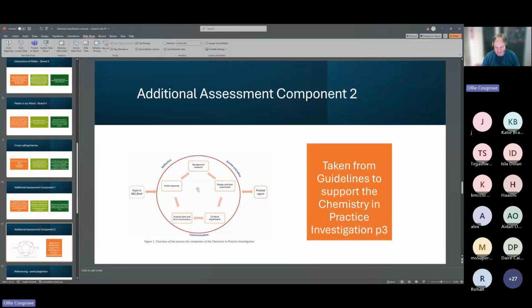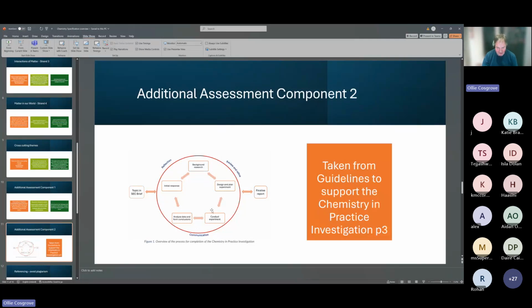Do you see these words: reflection, review and refine, communication? These are terms that you will get marks for, but you don't have a separate section for those terms. You're supposed to show that you've reflected, that you've reviewed and maybe refined your experimental method, and you communicate it to the person reading the final report.